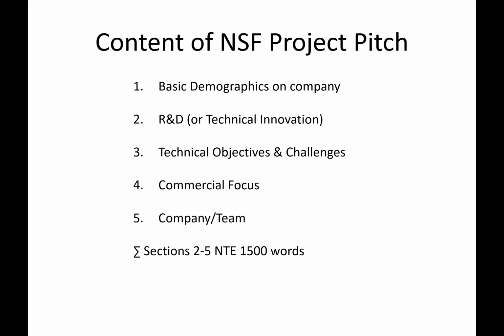Then the commercialization focus, because again, remember, that's one of their criteria that they want to use to decide which proposals they want to see and which ones they don't. And then finally, a description of the company and team. So if you're adding consultants, subcontractors, they want to know who else is on the team besides the company itself. And combined, not to exceed about 1,500 words, broken down by sections 2 through 5.